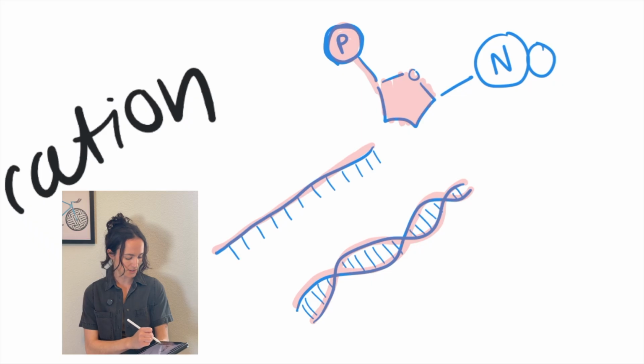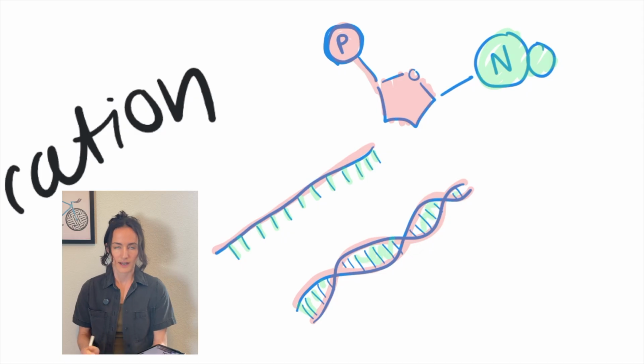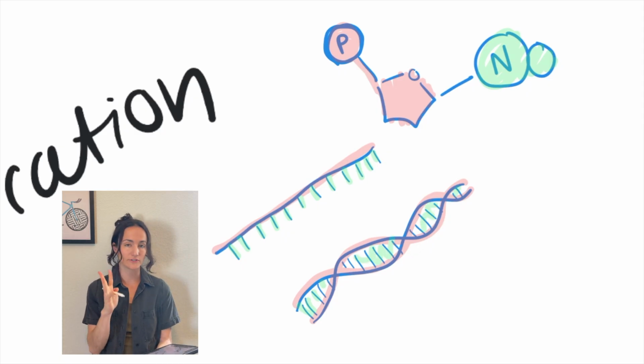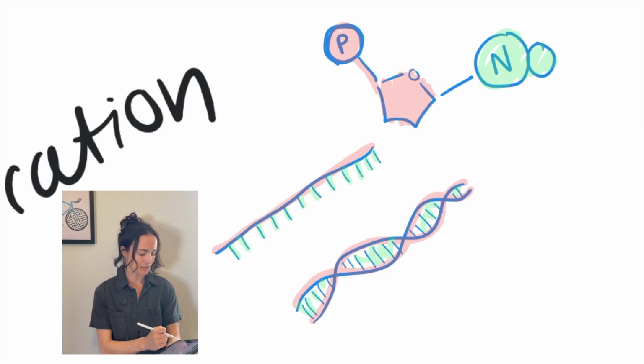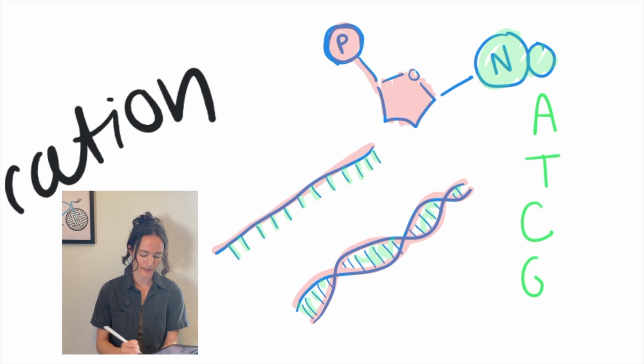And then we have these rungs of the ladder. And those rungs represent the nitrogenous base part. Okay, cool. Now the thing is, there are 4 different nitrogenous bases that can be found in a nucleotide. Maybe you remember, there's adenine, thymine, cytosine, and guanine.